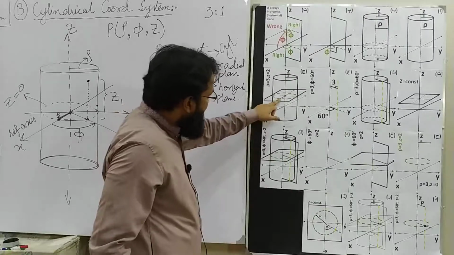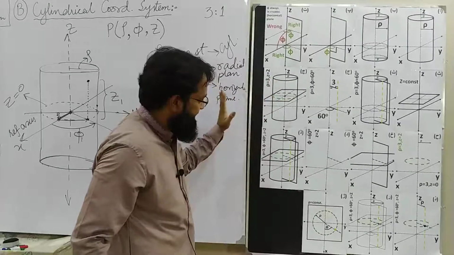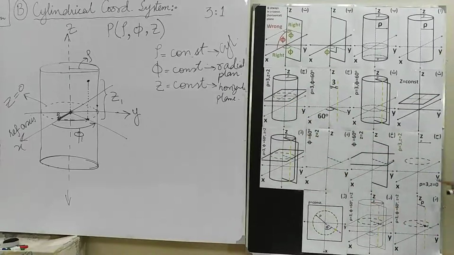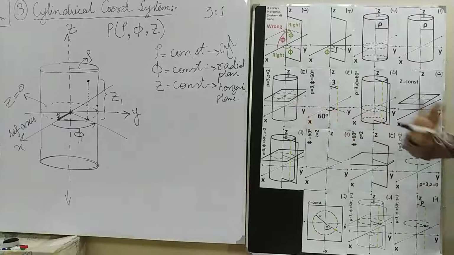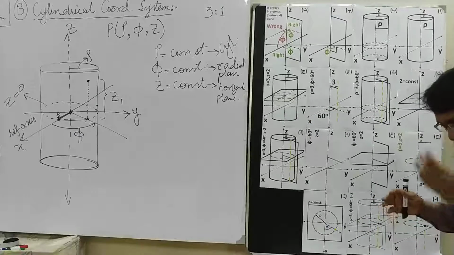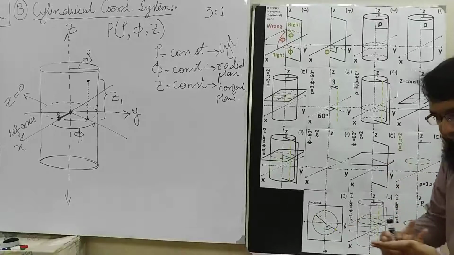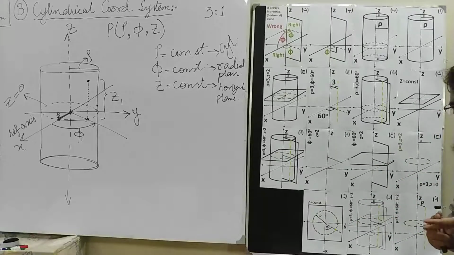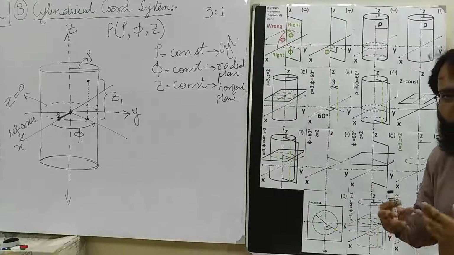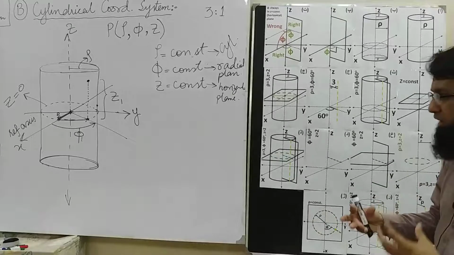All right, so if I remove these surfaces and just show you the intersection, what I have is rho equals 3 and z equals 2, this circle. I've just removed the surfaces. Remember that whenever we talk about points or lines in 3-dimensional space, we don't show the constituent fundamental surfaces.